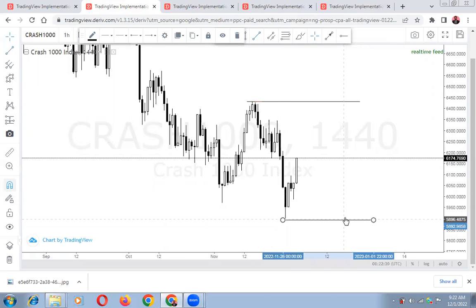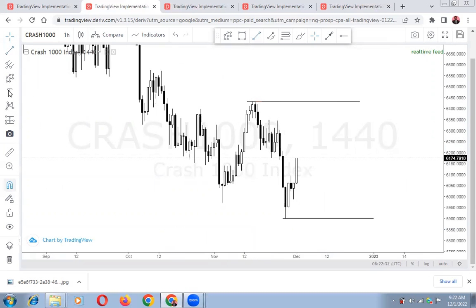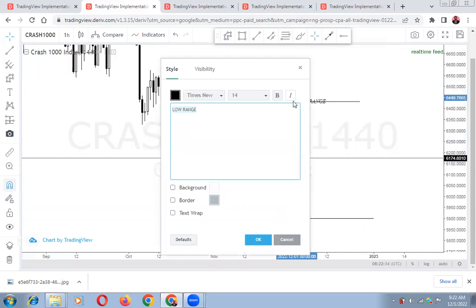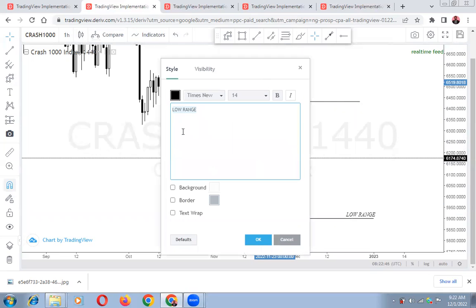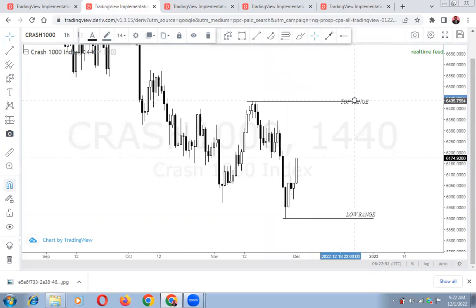I would want to put this for you to understand. This is the top range. This is the low range. So we want to take price in between this range.